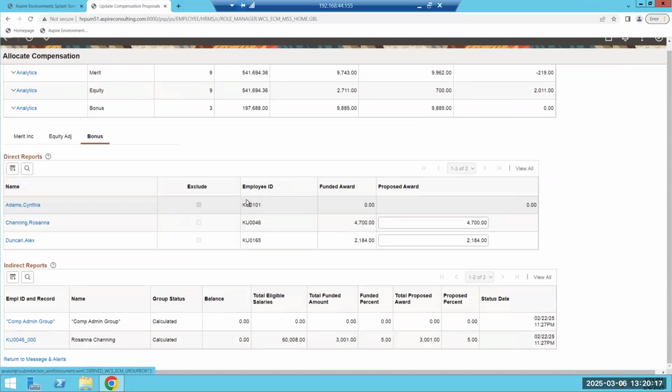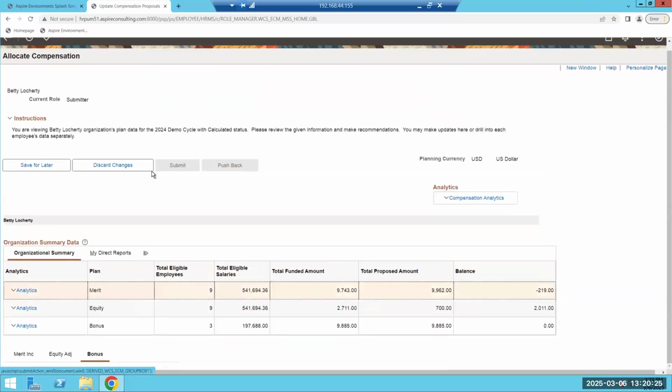And the other thing that I wanted to show is that we can drill down. Before we drill down, I want to show that you'll notice there's a submit and a pushback button, and both of those are grayed out.